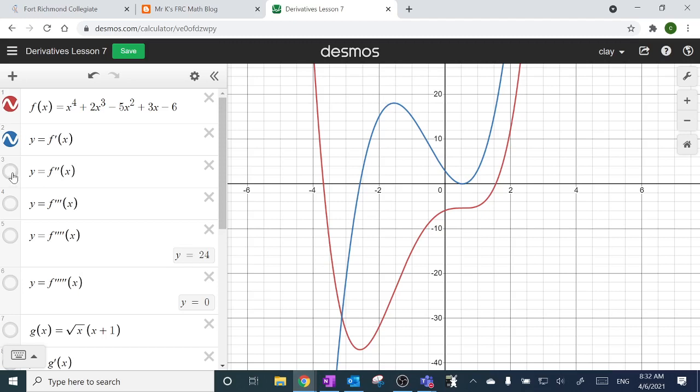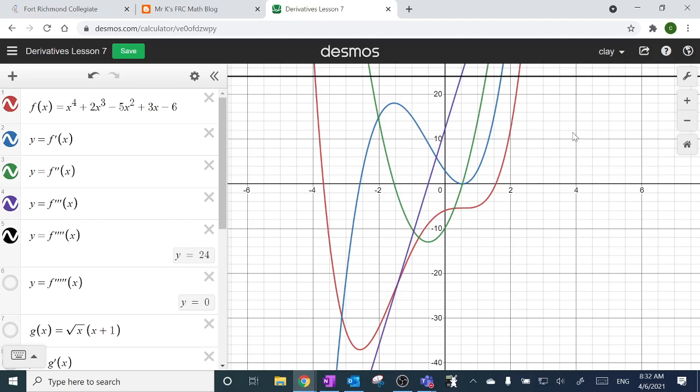And the derivative of that is a parabola. And then the derivative of that is linear. And the derivative of that is my constant. And the derivative of that is nothing. The x-axis. Okay, cool. All right, let me turn all these off.